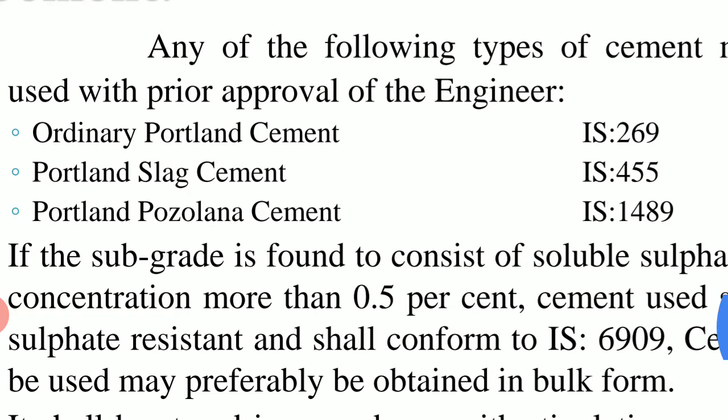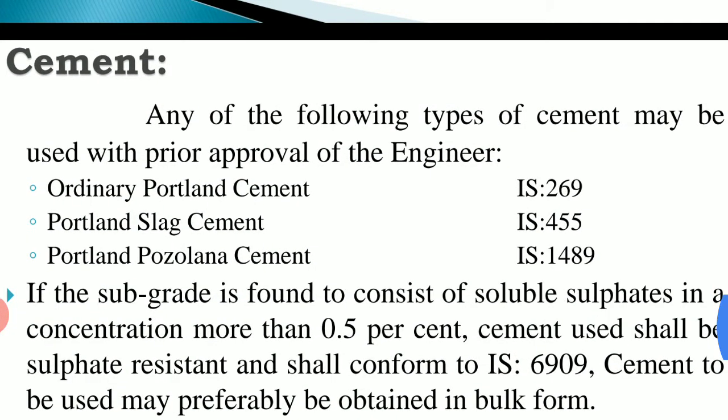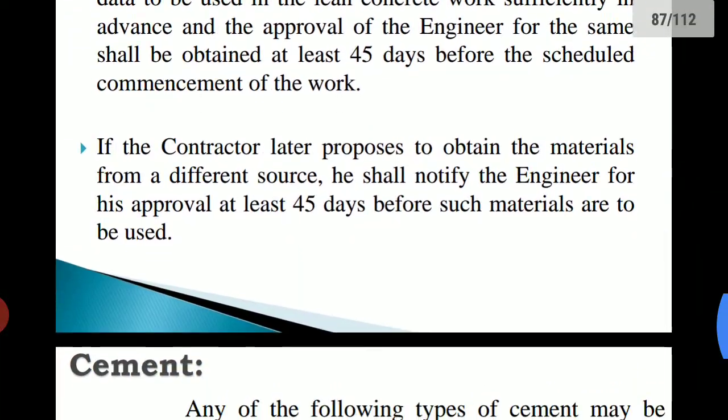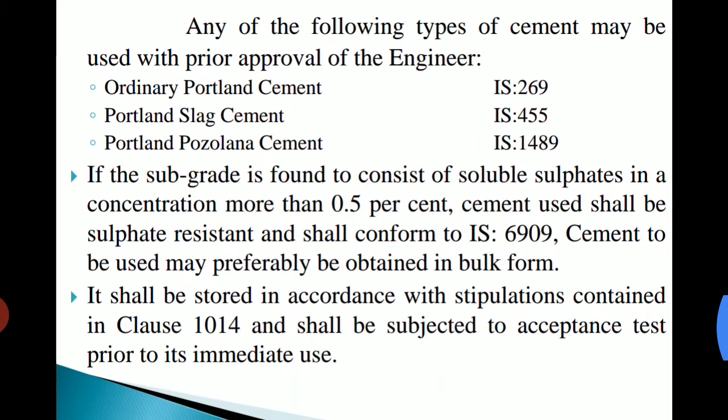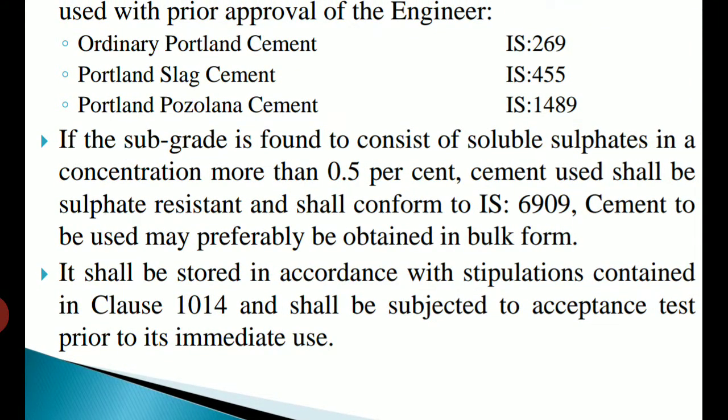Out of these three, any one of the tested cements can be used in the construction of this dry lean concrete work. And if the subgrade is found to contain soluble sulfates in a concentration of more than 0.5%, then the cement shall be sulfate resistant and shall conform to IS 6909, and this cement may preferably be obtained in bulk form.